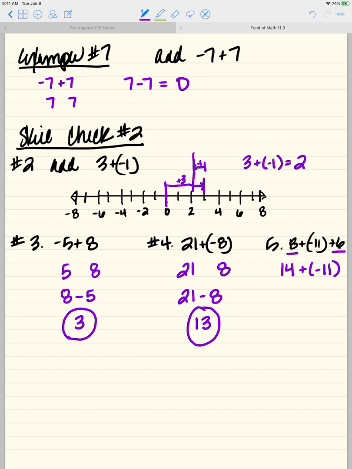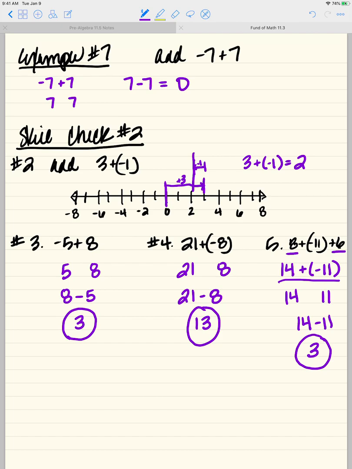Okay, now we have an addition problem that has unlike signs. Absolute value of 14, 14. Absolute value of negative 11, 11. Set up your subtraction. 14 minus 11 is 3. In our problem, which had a larger absolute value, 14 or negative 11? 14. 14 is positive, so the answer is positive.